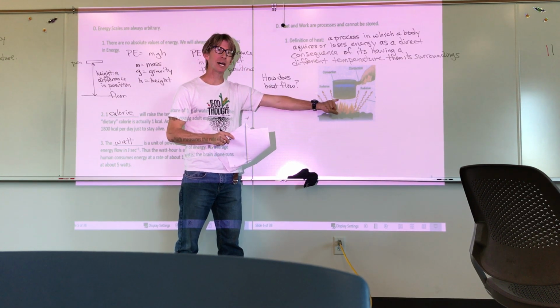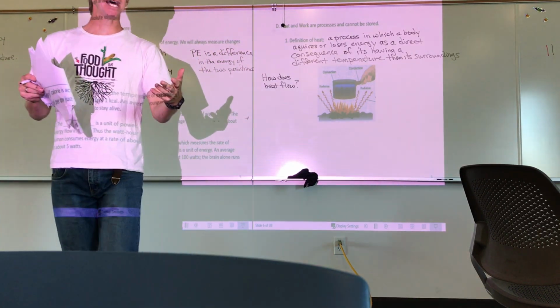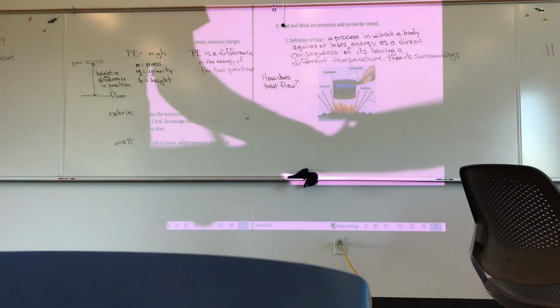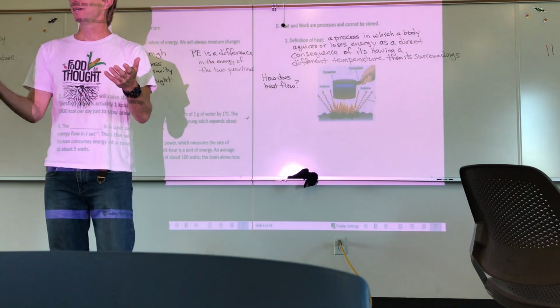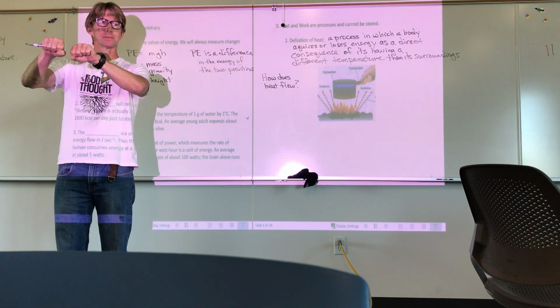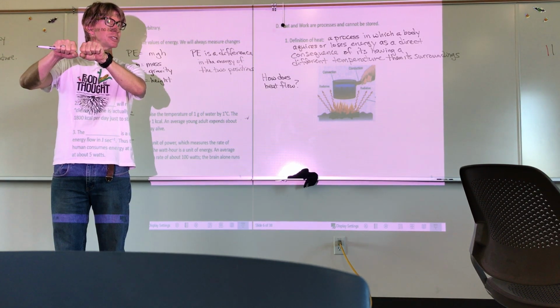When it bumps into the bottom of the pot, that's a solid, right? How do solids have kinetic energy? Do they have kinetic energy? Yes, they do. Everything does that's above 0 Kelvin. Here's kinetic energy of a solid. Here's kinetic energy of a higher temperature solid.